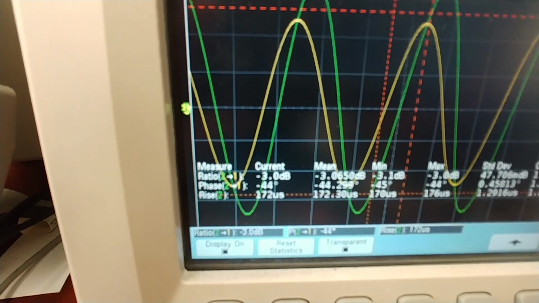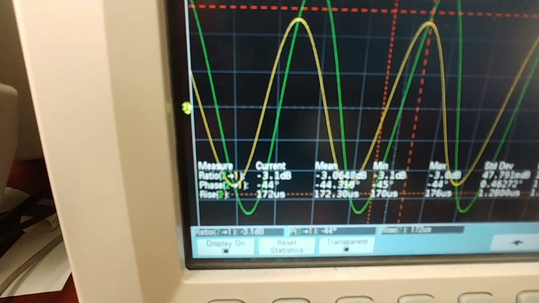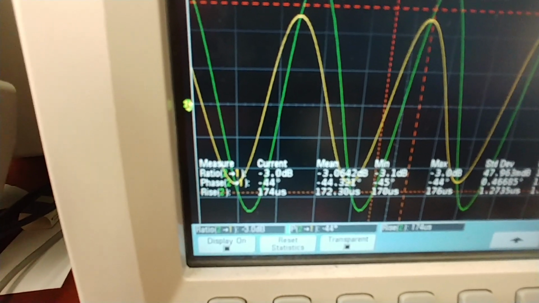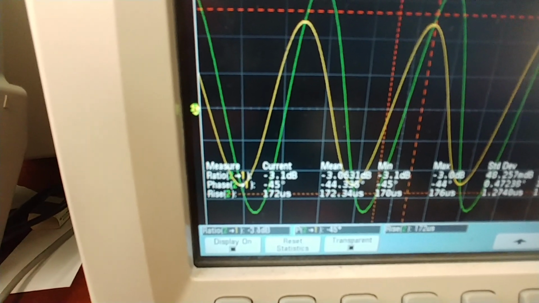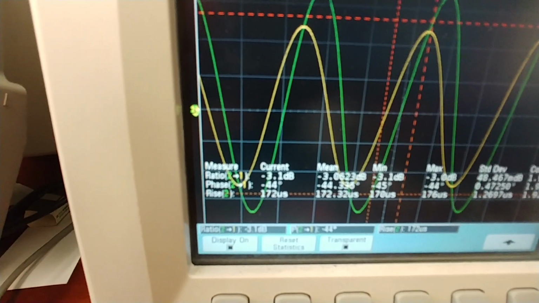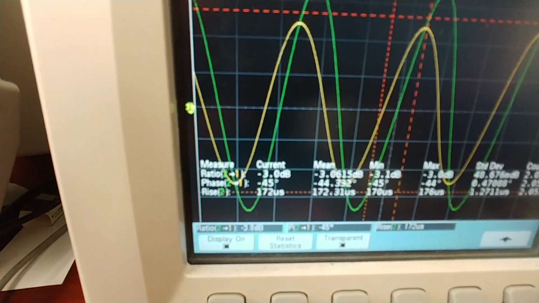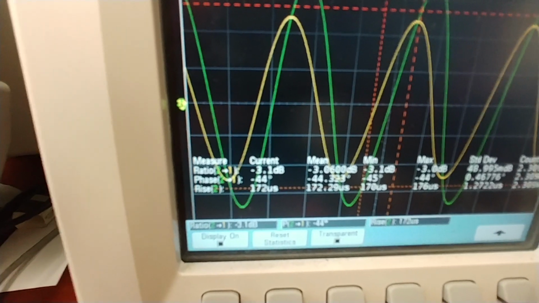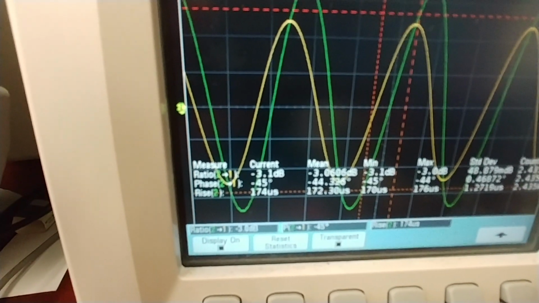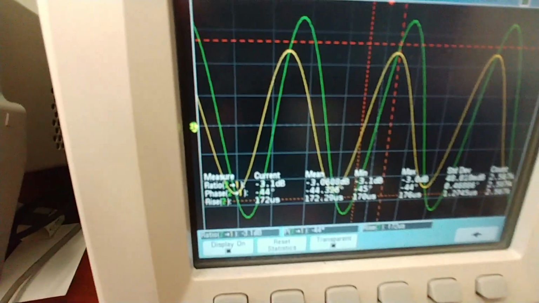Essentially, the ratio or the gain is a more accurate measure, or it's easier to measure than the phase. So really, you just know that the phase is negative, and it's heading in the right direction.